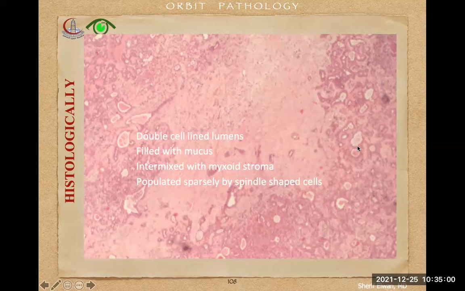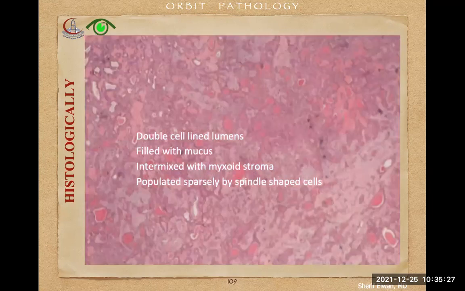Sometimes, by the way, there are no lobules, just spaces. It's not like a gland, it's like a duct filled with mucus, intermixed with myxoid stroma. Sometimes the stroma is much more existent than the spaces or lumens. Sometimes the reverse, that's why we call it mixed or pleomorphic.